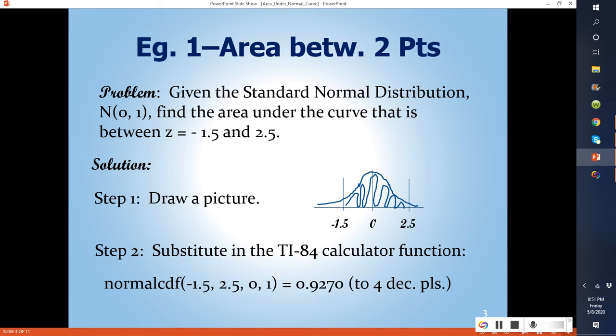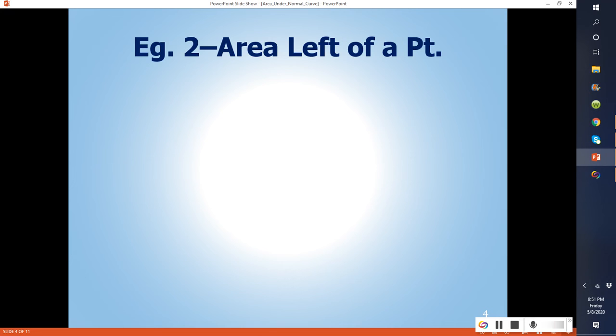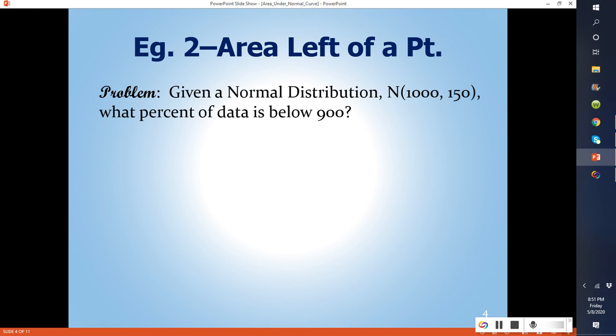So x1, or in this case z1, is to the left, in other words the first point in the substitution. So that would be minus 1.5 comma 2.5 comma 0 for the mean and 1 for the standard deviation. That gives us a value of 0.9270 to 4 places of decimal. I put 4 places of decimal because in most of your exercises you would be asked to put this to 4 places of decimal.